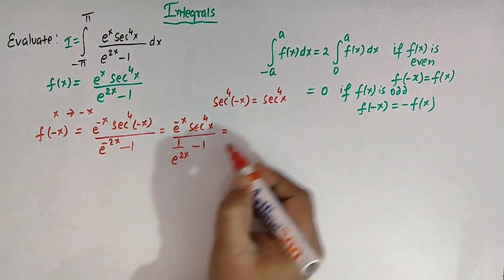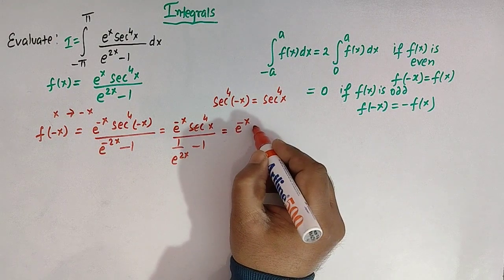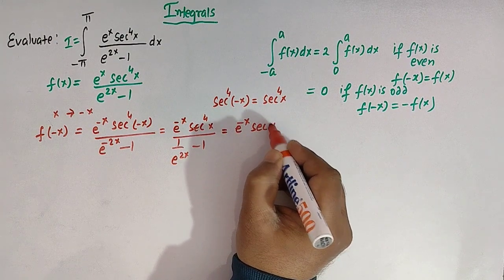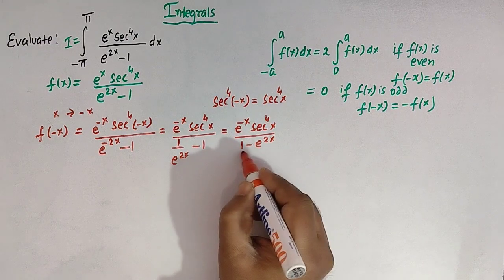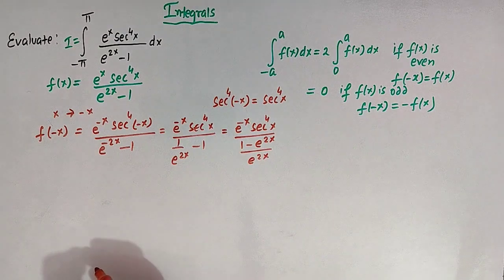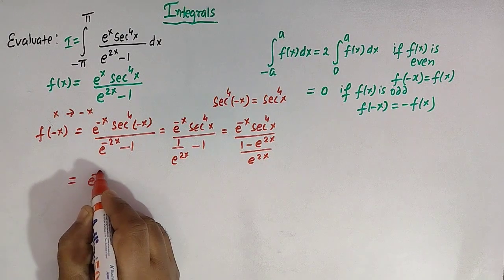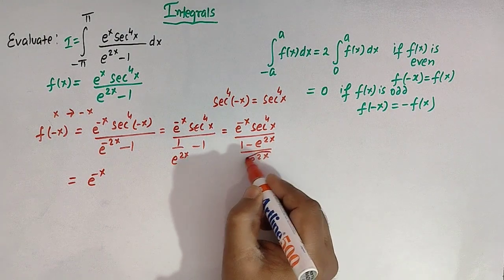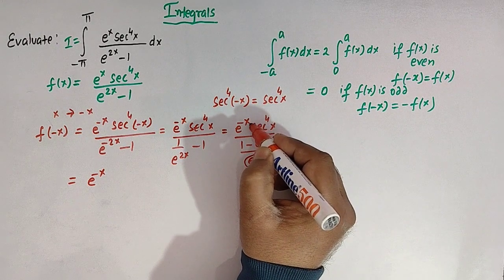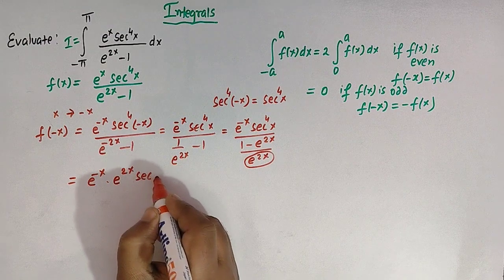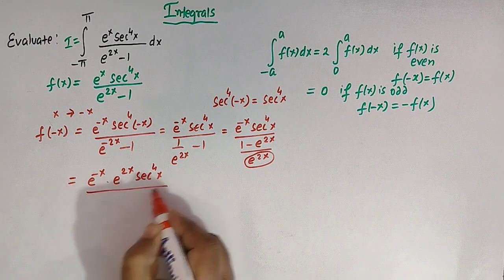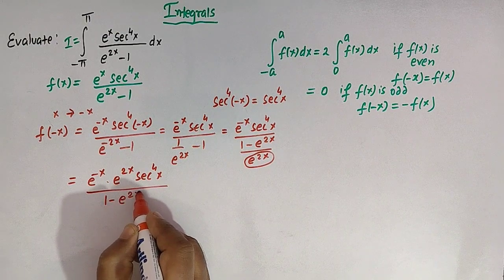Now let us simplify it. We have e raised to minus x, secant x raised to 4, over 1 over e raised to 2x minus 1, which becomes 1 minus e raised to 2x in the numerator over e raised to 2x. Now this term can be taken to the numerator. So here we have e raised to minus x plus 2x, because bases are same, so we add the exponents, secant x raised to 4, and 1 minus e raised to 2x.